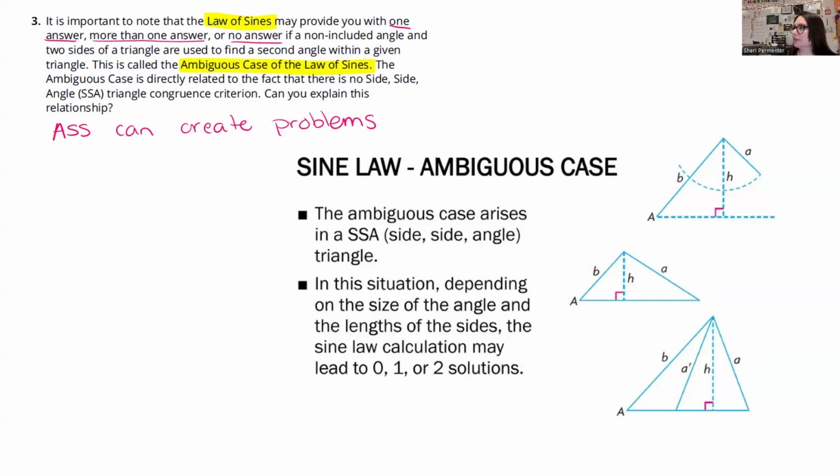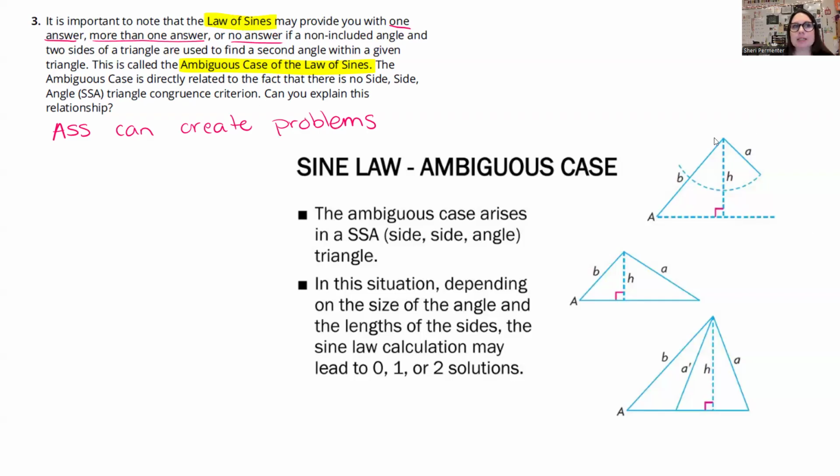It's a little different because you could have these 3 cases that can happen, and you can probably find a 2-minute video on ambiguous case triangles to look at it further as well.